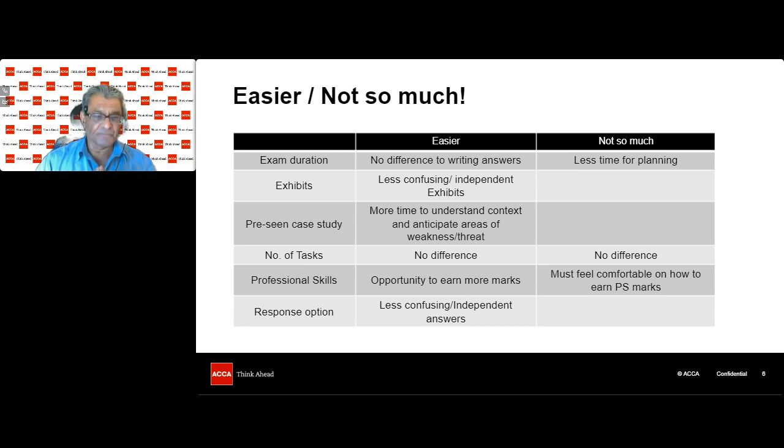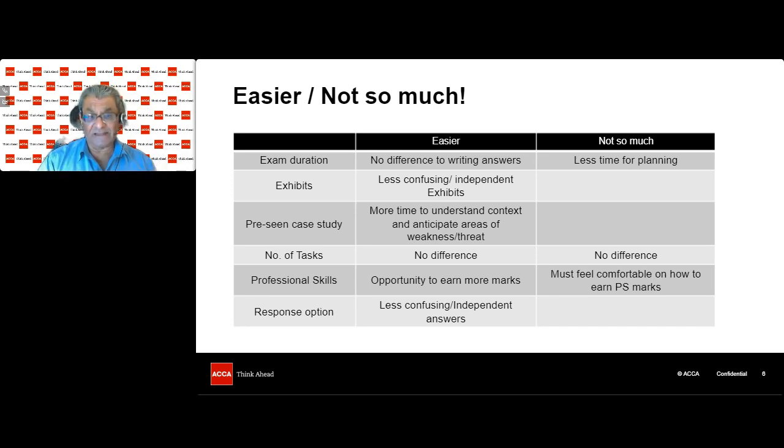Exam duration. For actually writing the examination answers, there really is no difference. Why do I say that? Well, we have 3 hours and 15 minutes to answer the SBL exam. 15 of those minutes will probably be used for planning, which leaves 3 hours to answer the examination itself.